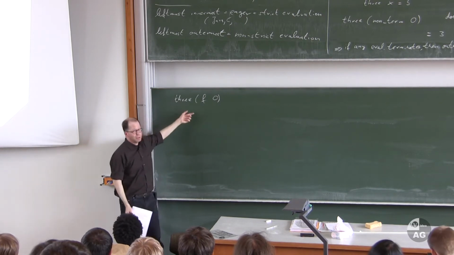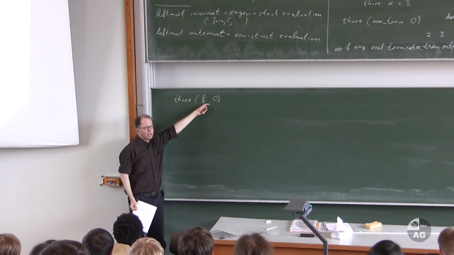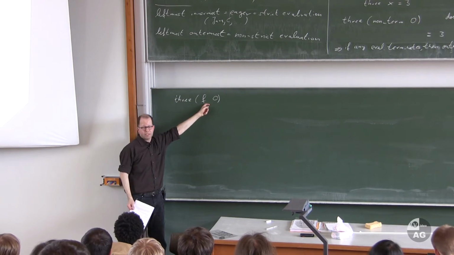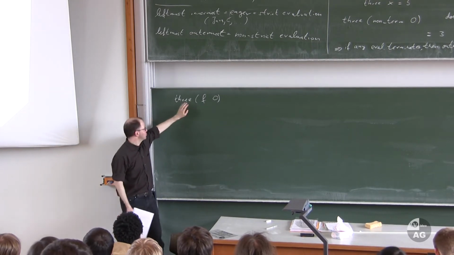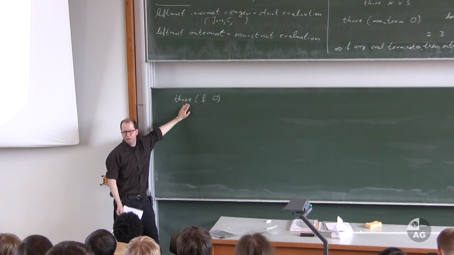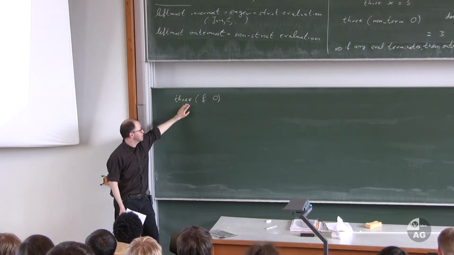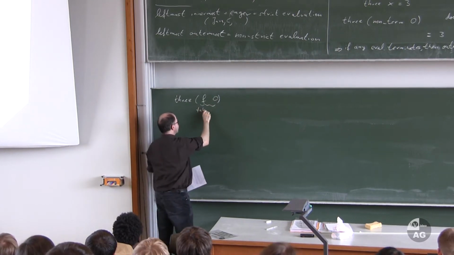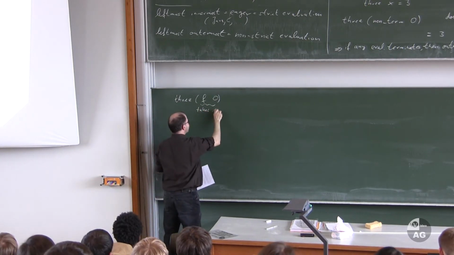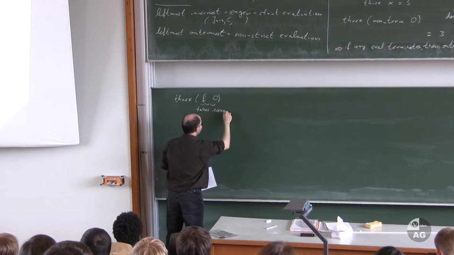And now if you do innermost evaluation, you spend 1 year on evaluating f of 0, then you throw the result away and return the number 3. So it's a bit smarter to evaluate 3 first, because then you need 1 evaluation step and you have the result immediately. So let's say this takes, I don't know, thousands evaluation steps. Okay, this should be faster than a year.